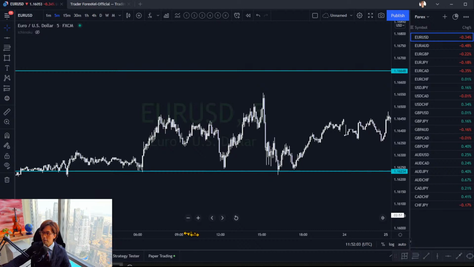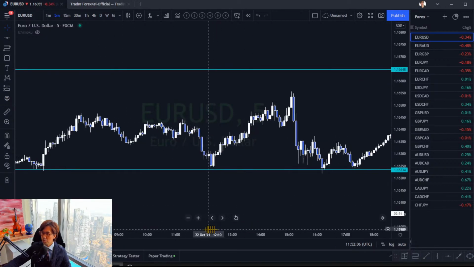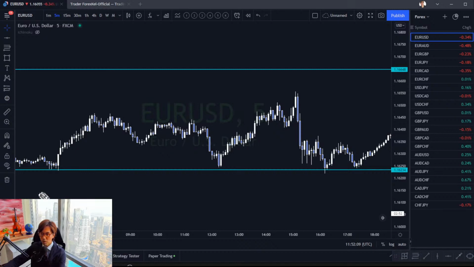If you look at these supports, the first, second, third and fourth, I see that they are all supported by 1.1623. But sometimes I've seen people think this one is not support because it bounced above the support level, or this one was not support because there was a weak overshoot below the support level.